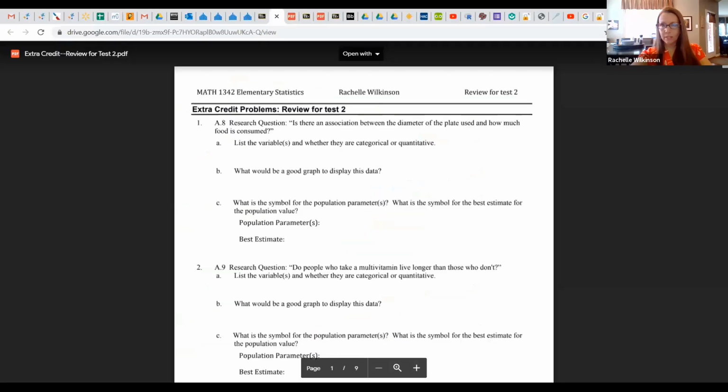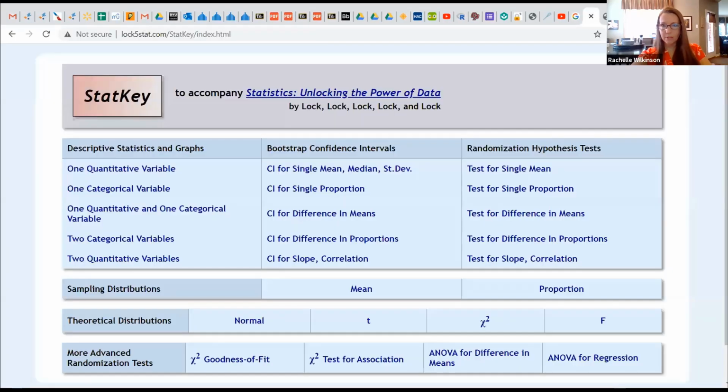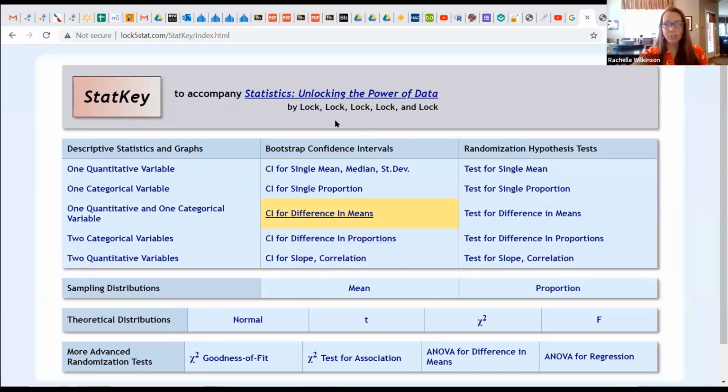So let me share my screen. I've got to go figure out where my StatKey tab is. There we go. Okay, and inside of StatKey, first of all, notice that this whole center section on the top here is for bootstrap confidence intervals. This is where we're going to be in sections 3.3 and 3.4.